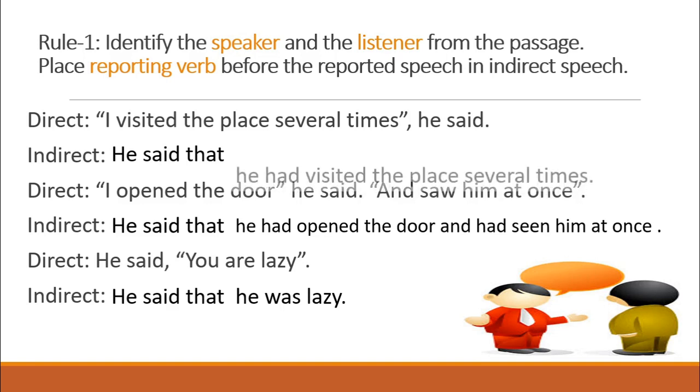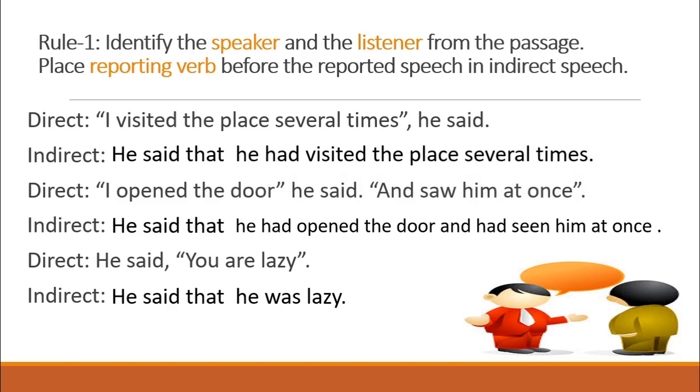He said that he had visited the place several times. So we changed the person "I" to "he" according to the subject of the reporting verb. And the tense of the reported speech backshifted to past perfect tense.